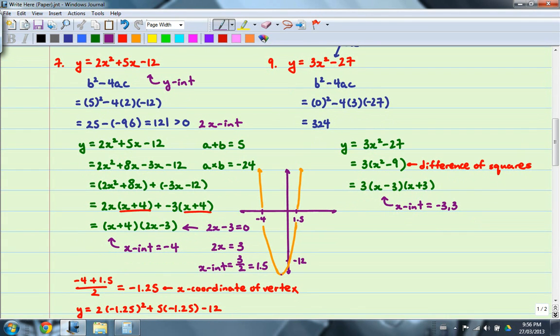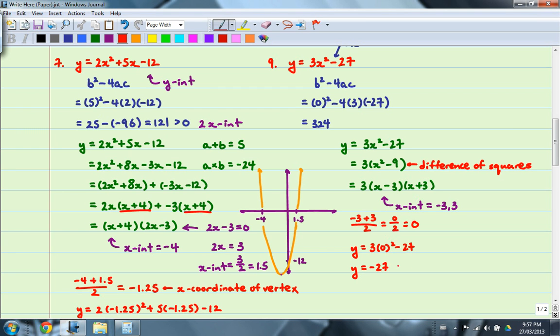So moving on to the next part, we're going to try to find the vertex. Negative 3 plus 3 divided by 2. So that's 0 over 2, which is just 0. And then we're going to plug in the 0 into our original equation there. So that will give us, well, negative 27.